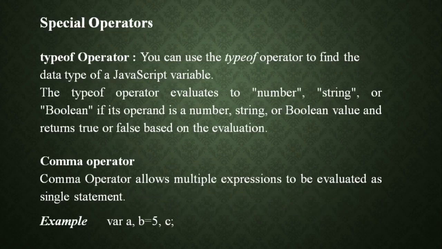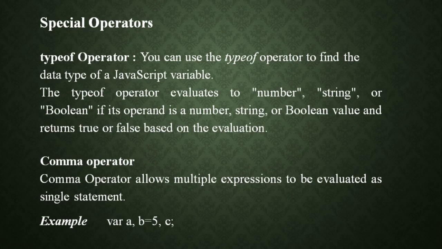Next operators are special operators. Typeof, comma. You can use the typeof operator to find the data type of JavaScript variables like numbers, strings, booleans. For this we use typeof operator.